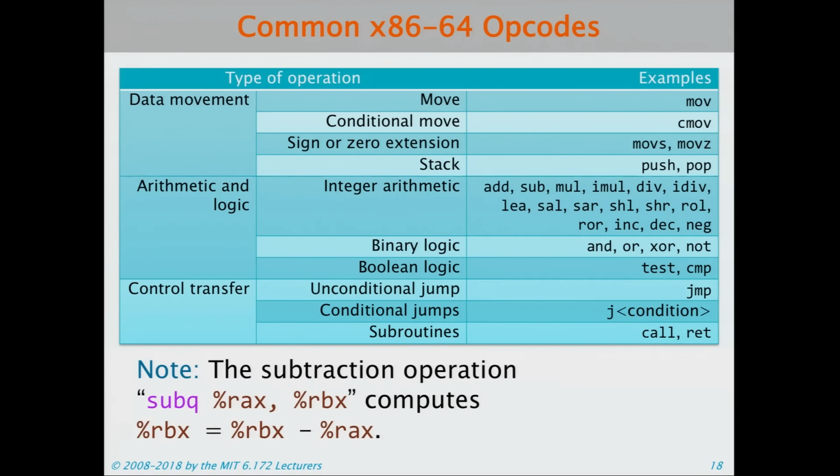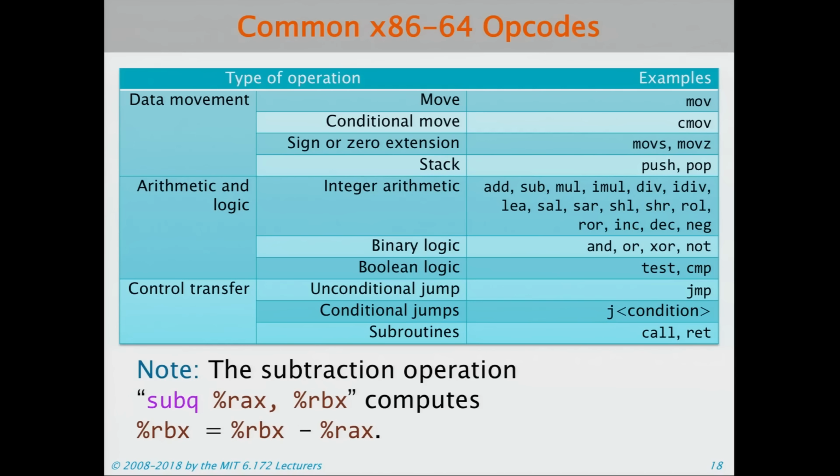Then there are things like push and pop to do stacks. There's a lot of integer arithmetic: addition, subtraction, multiplication, division, various shifts, address calculation shifts, rotations, incrementing, decrementing, negating, etc. There's also a lot of binary logic: and, or, XOR, not. Those are all doing bitwise operations.